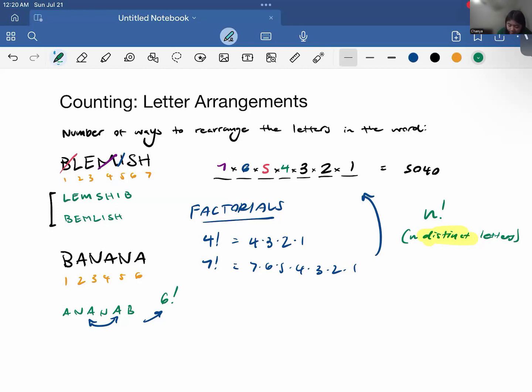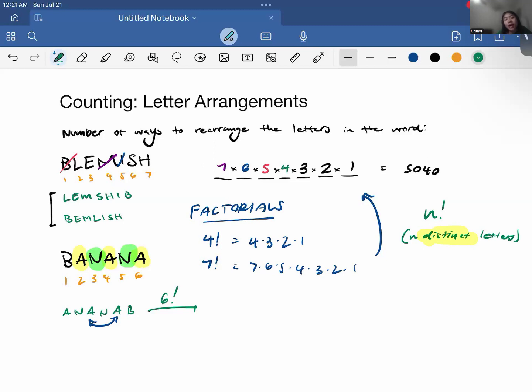So you have your 6 factorial initial count, not considering duplicate letters such as A or N. And what we do to account for these duplicate letters is we divide by the number of ways to rearrange those specific letters.